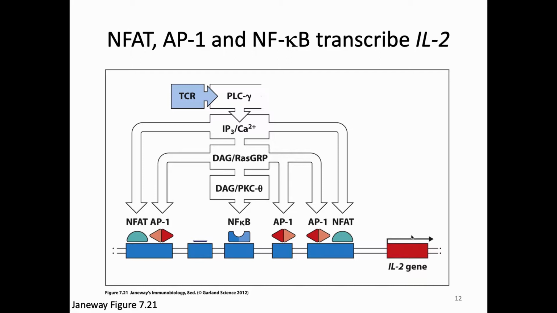So with all of the signaling we're going to talk about today, all of it is going to be either to turn on NFAT, to turn on AP1, or to turn on NF-kappa B. Because it's all leading us to this goal of making IL-2.